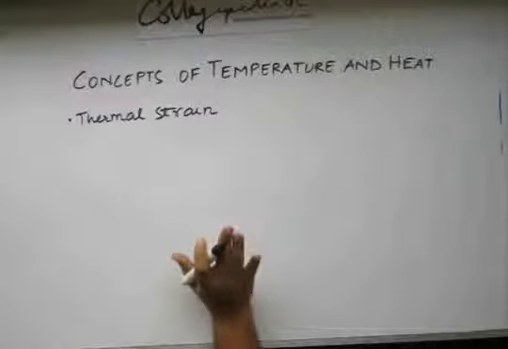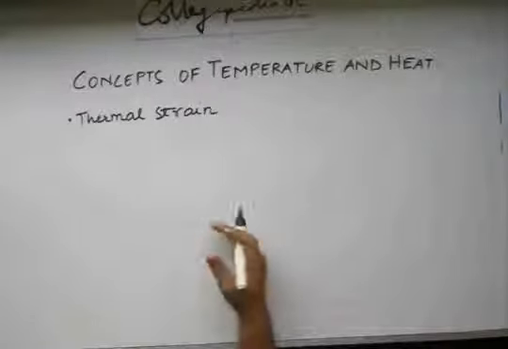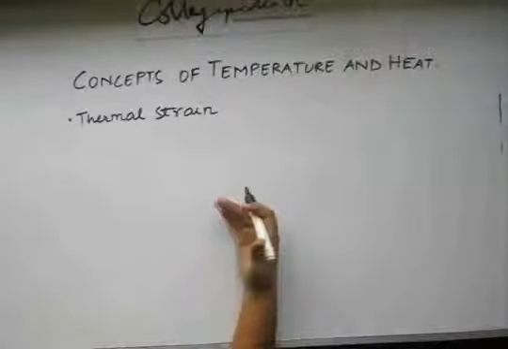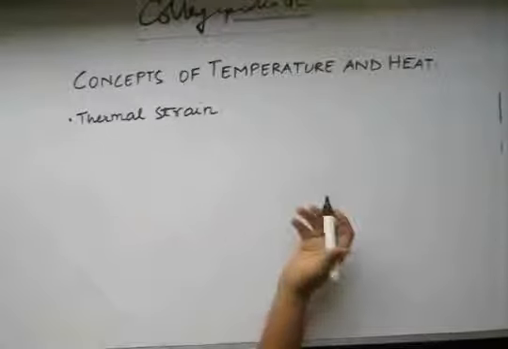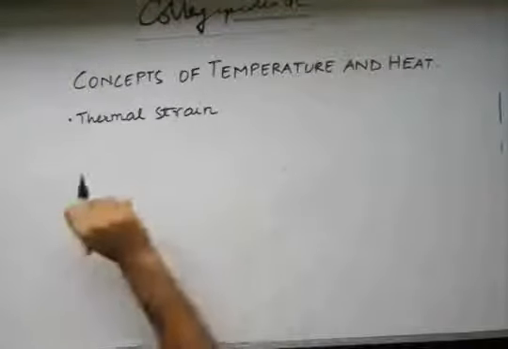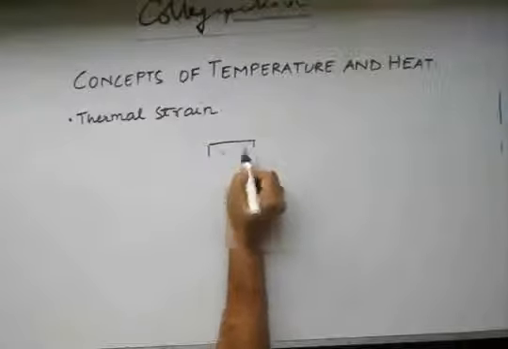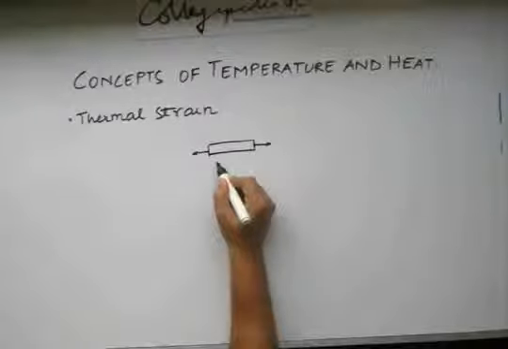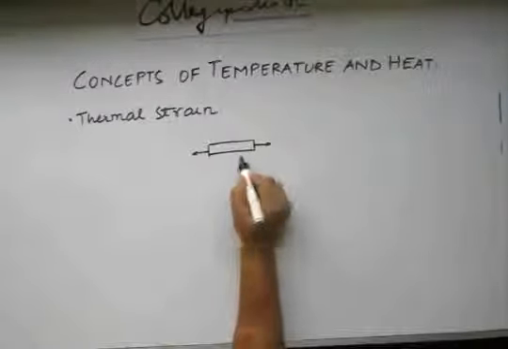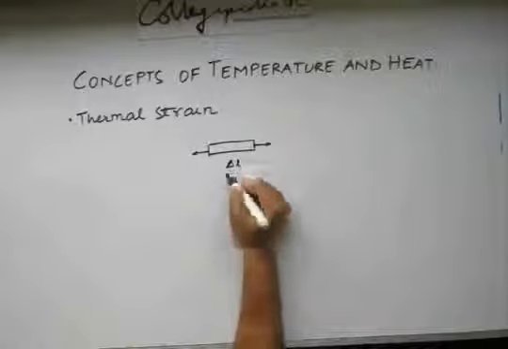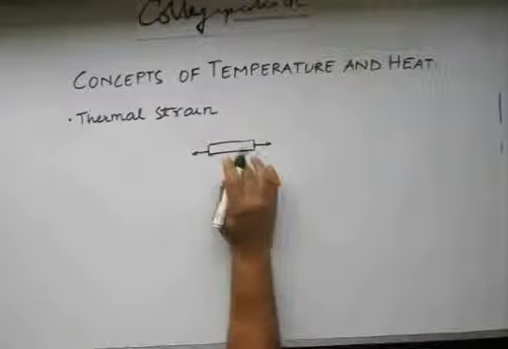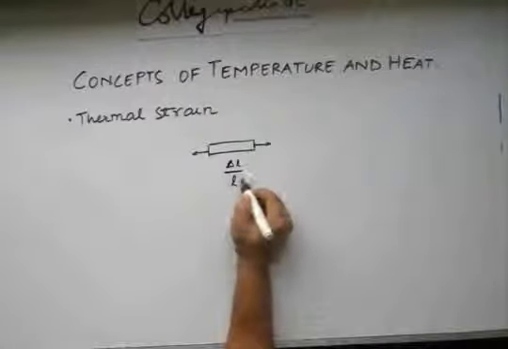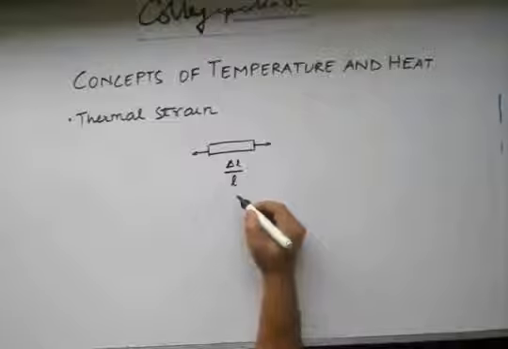If we are somehow able to prevent that expansion, what is really happening to the body is the stress level or the stress concentration within the body is increasing. You might have studied this in your elasticity, where you try to pull a rod. Let's say we have a rod like this. You try to pull this rod from both ends, and in the process, the rod deforms or increases its length by say an amount delta L. This is nothing but a strain induced in the rod, which is measured in the form of delta L by L, L being the initial length of the rod.